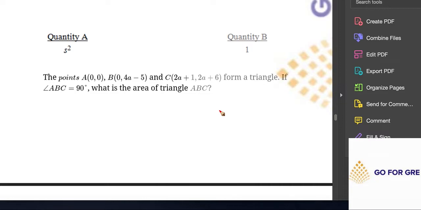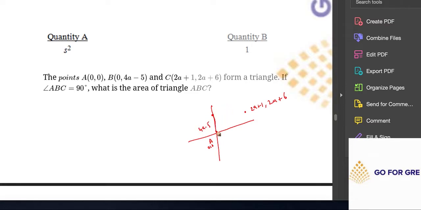Now point A is (0, 0), and this is Y. So Y we can say is 4A minus 5, and C is (2A plus 1, 2A plus 6).